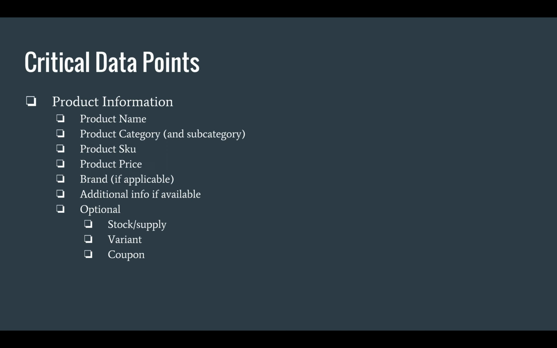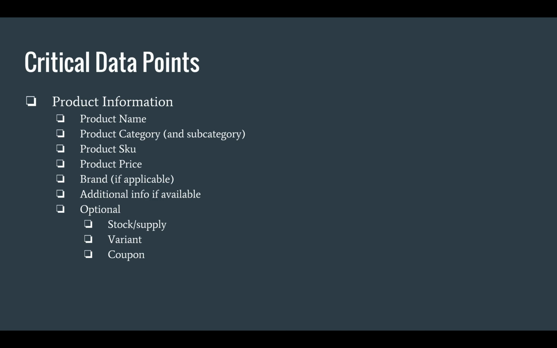Some optional pieces here would be the stock or supply. With a lot of our e-commerce clients, we'll really push them, if they can get it in there pretty easily, to put in how many products are remaining from an inventory standpoint. You can do some really interesting analysis with that information by pulling it into web analytics.